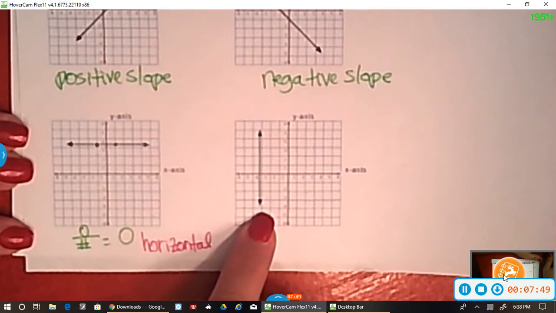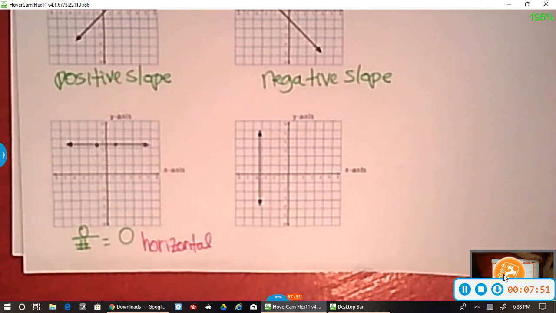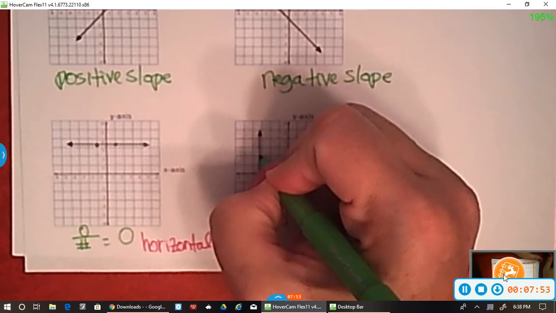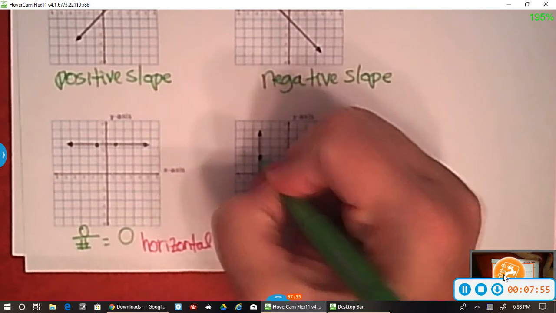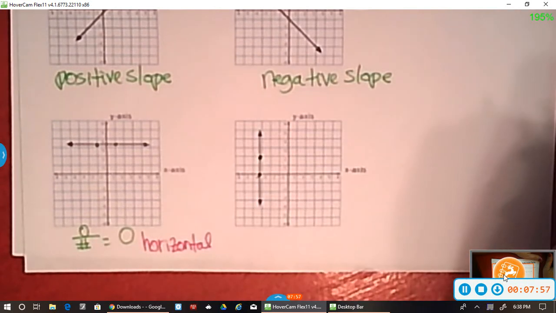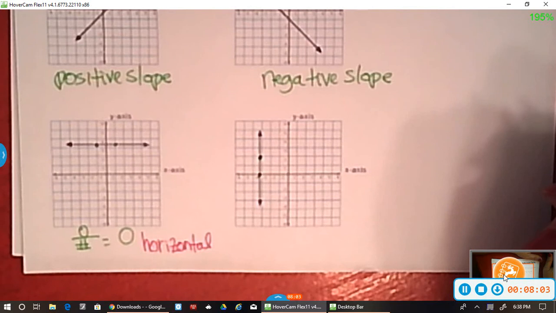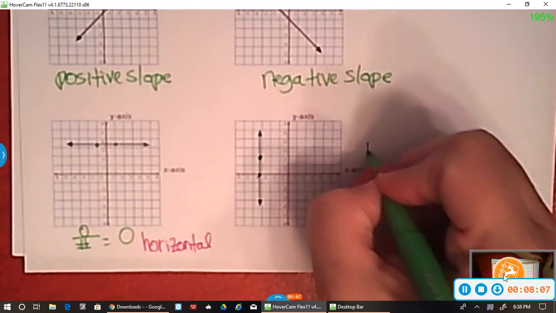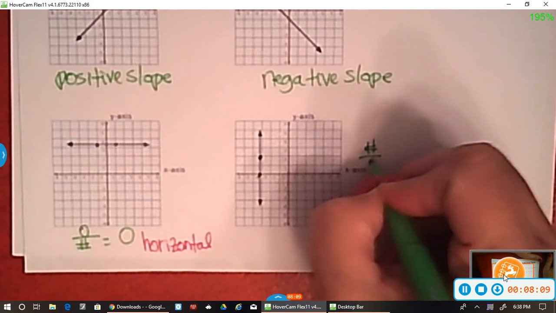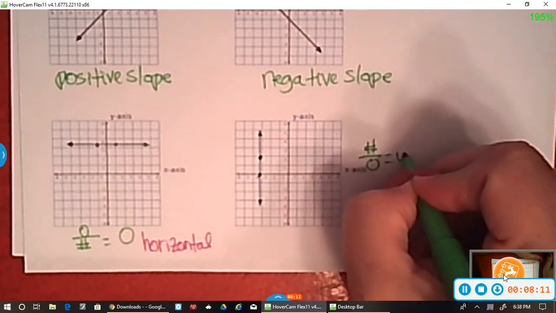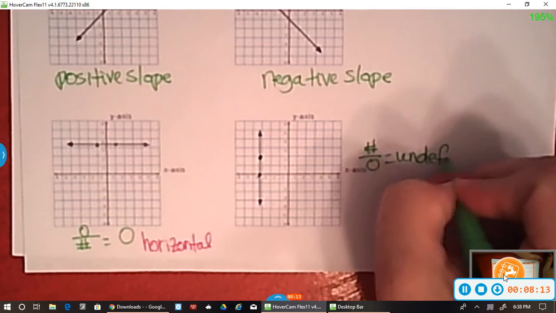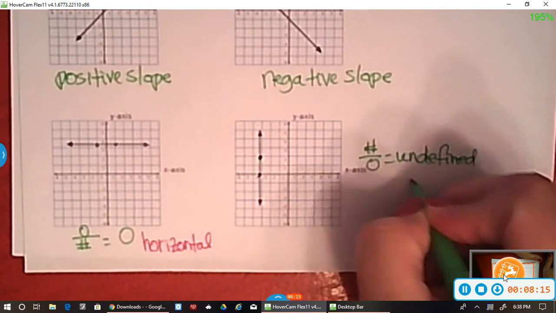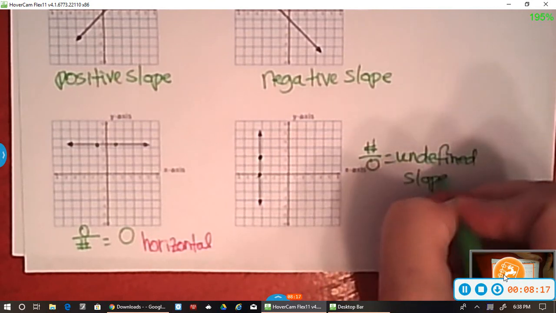This line over here, however, is vertical. And if I choose 2 points on that line, my x values are going to be the same, but the y's are different. So if I subtract the same x value from itself on the bottom of a fraction, I'm going to end up with a number over 0, which is undefined. Okay.